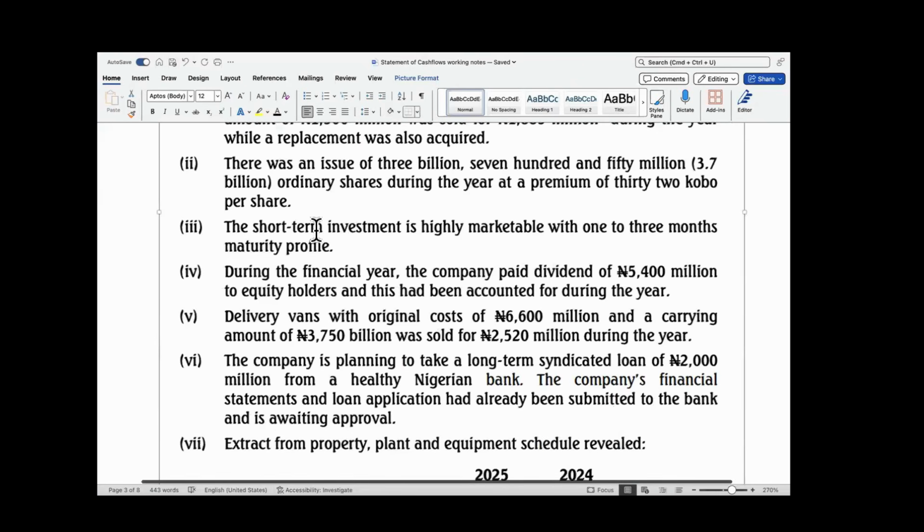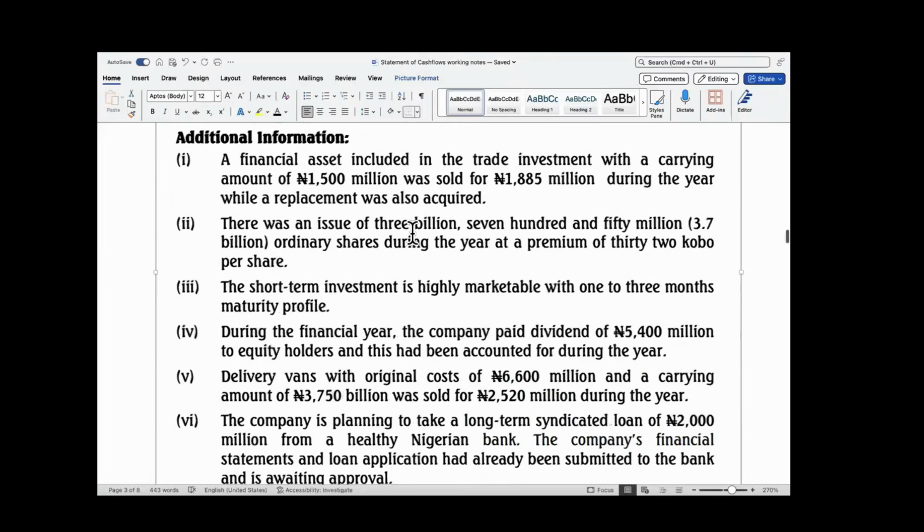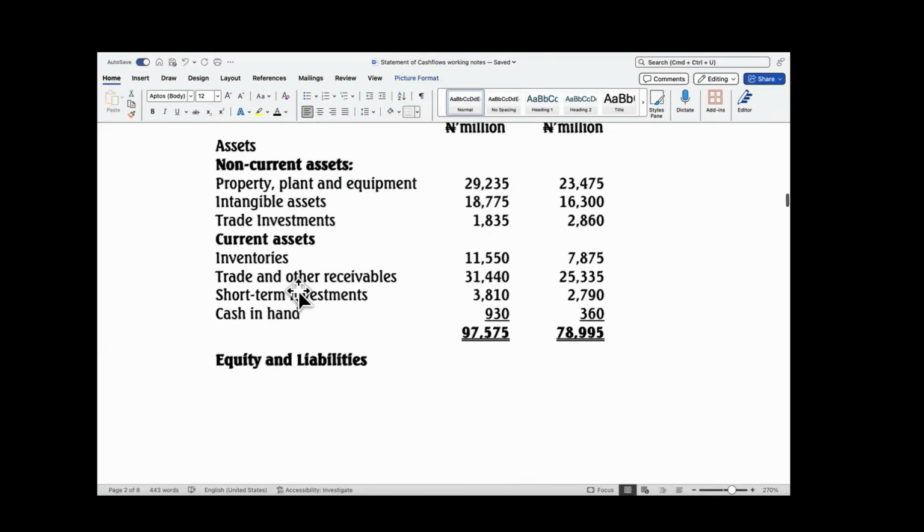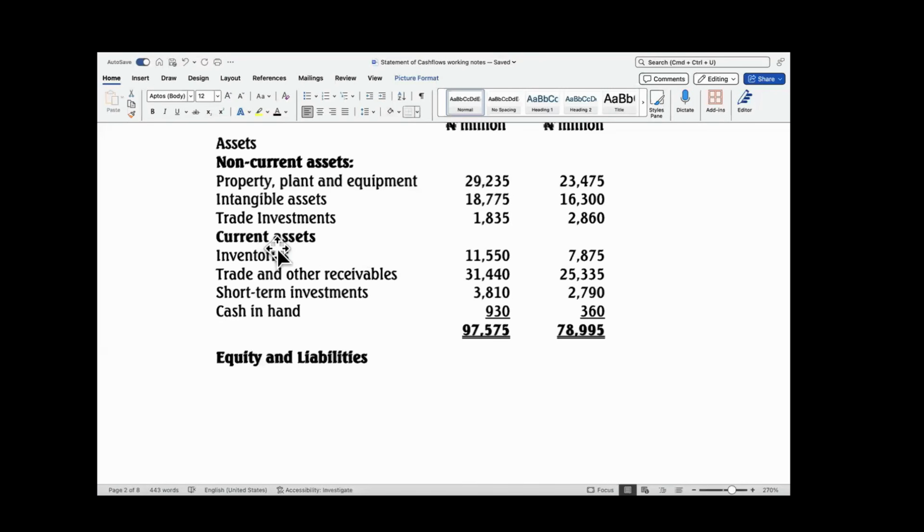Also, they said there is a short-term investment that is highly marketable with a 1 or 3 months maturity profile. That means this short-term investment under current assets directly above cash in hand is also a cash equivalent. So I don't need to bother about the movement because I see it as cash. I'll use it as a reconciliation item because it's cash in itself. So I don't need to extract a cash element from that.